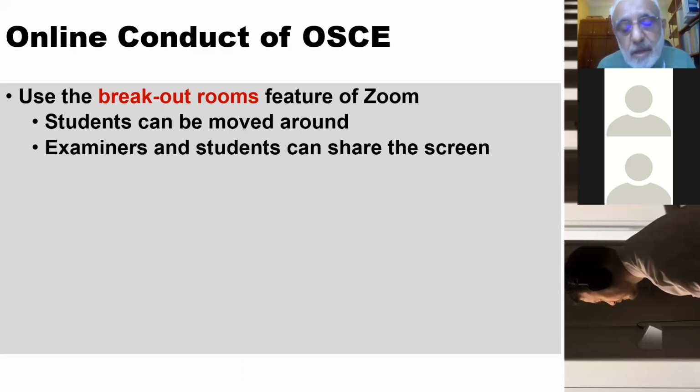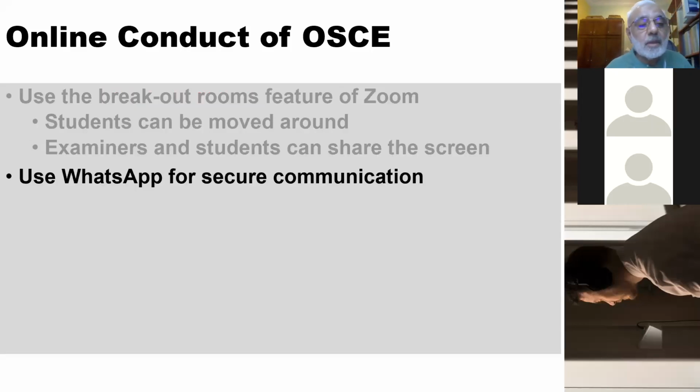We have a breakout room, and in that breakout room the student is there, the examiner is there, and the patient, whether simulated or real, is there. Although they are in different locations, everybody is virtually present in that room.